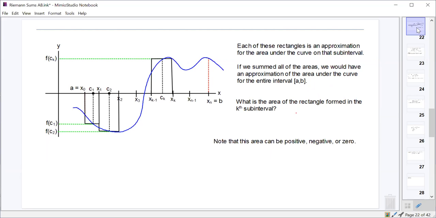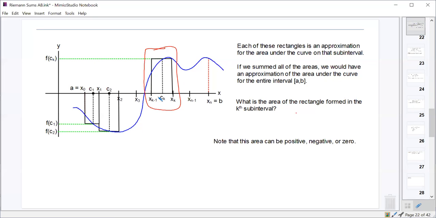Note that as I labeled them, I called the first point x sub 0, then x sub 1, x sub 2, and x sub 3. But somewhere along the line, I called one k minus 1 and k with a midpoint of c sub k. So I picked some random subinterval and labeled it as the kth subinterval.